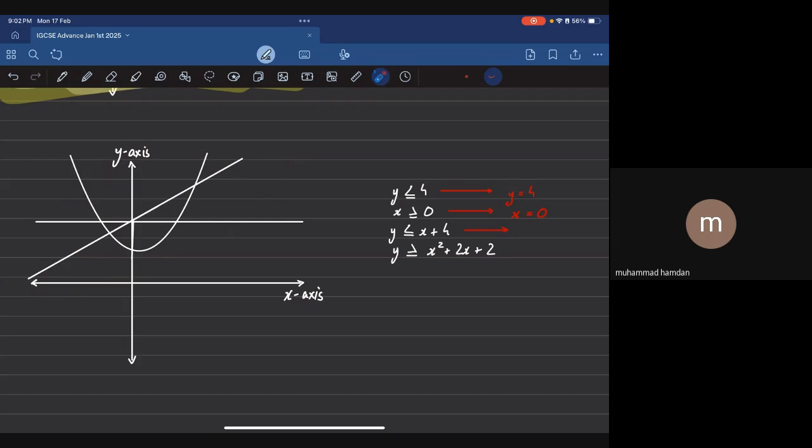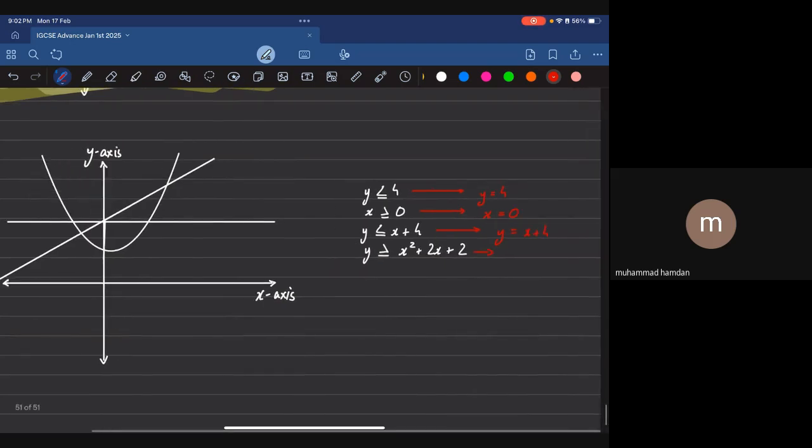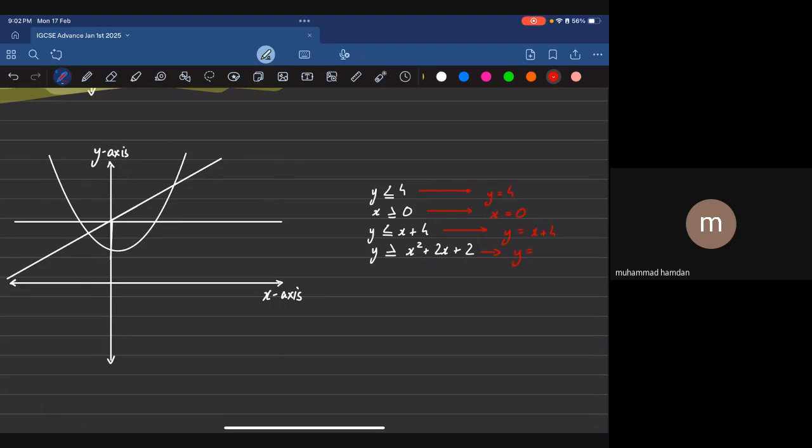Inequalities determine entire regions. So this would have been y is equal to x plus 4, and this would have been simply y is equal to x squared plus 2x plus 2.